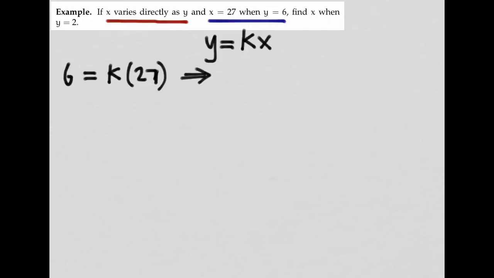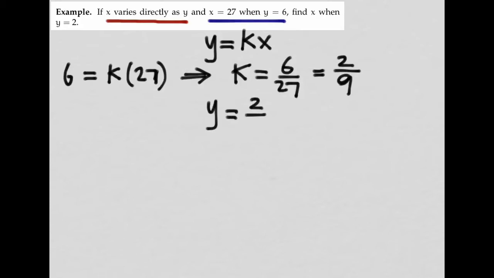This means that k is 6 over 27, which simplifies to 2 over 9. We can update our equation to writing y equals 2 over 9 x. Now that we know that k is 2 over 9.